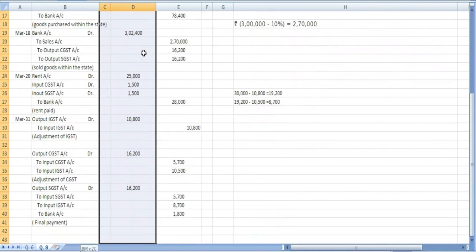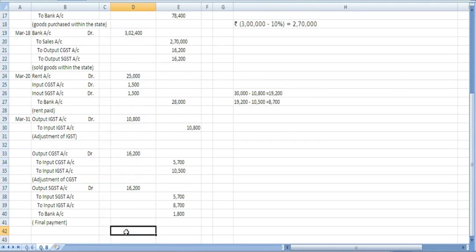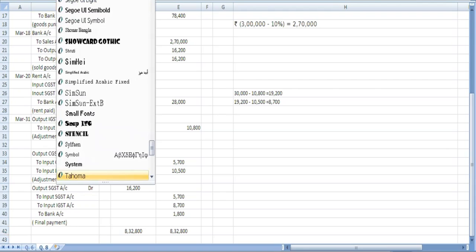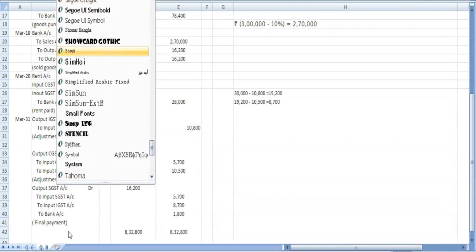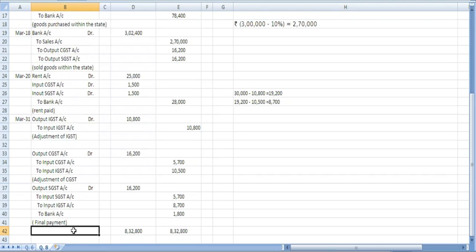So this side is coming to 832800. Same 832800. Okay, so we'll write here total.